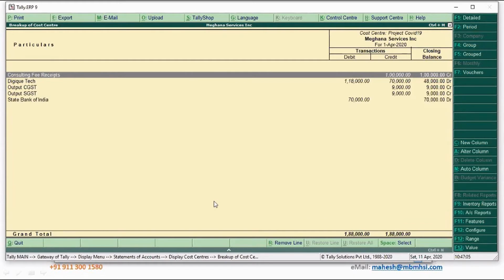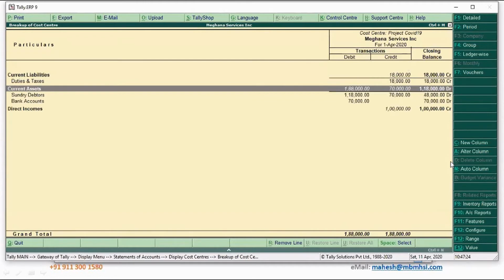Which are all the receipts, which are all the payments, which are all the incomes, which are all the expenditure, everything is available. In fact, I could draw a balance sheet for this specific project if required, because everything is available.